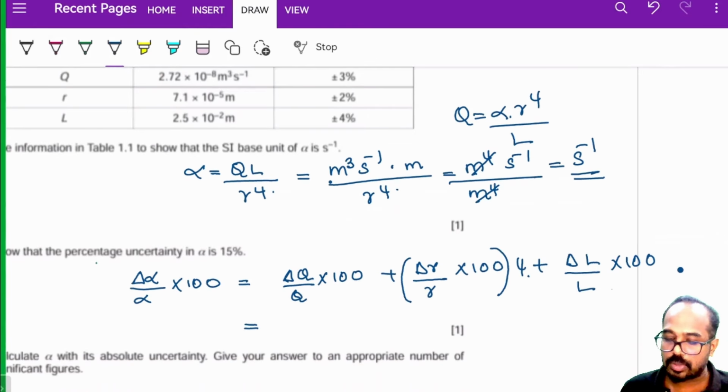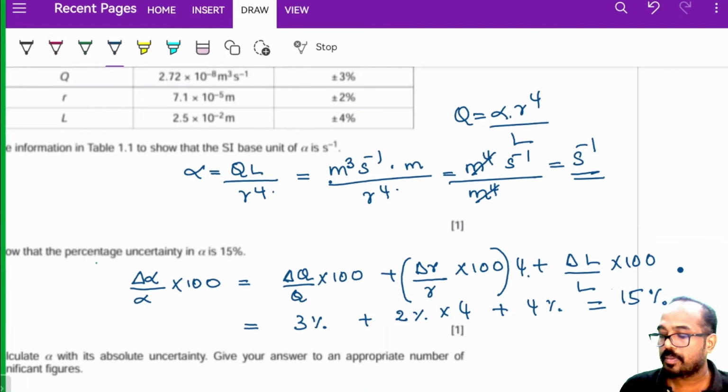Q is 3%, plus radius 2% multiplied by 4, the power, plus length 4%. So this will be 3 plus 8 plus 4, equal to 15%. Got it?